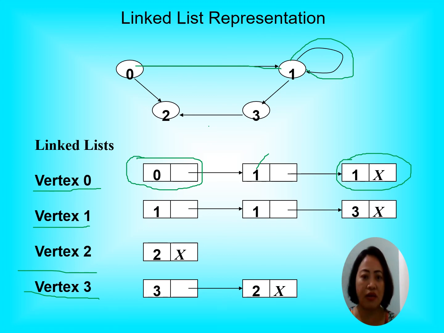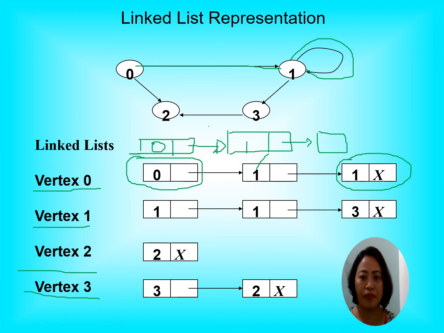Or another path would be from 0 going towards 1, and then from 1 going towards 3, and then from 3 going towards 2.